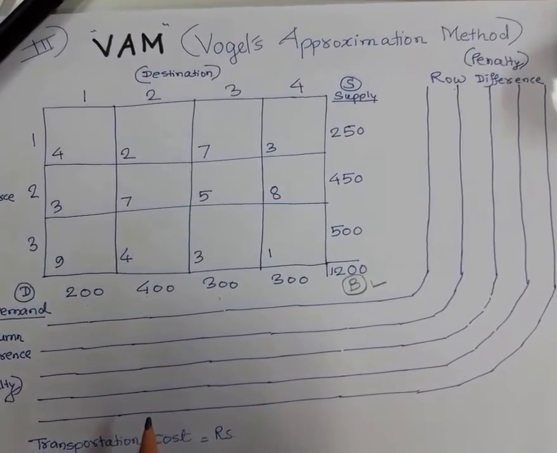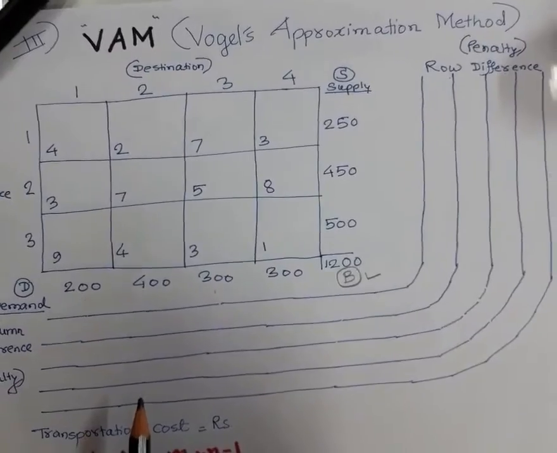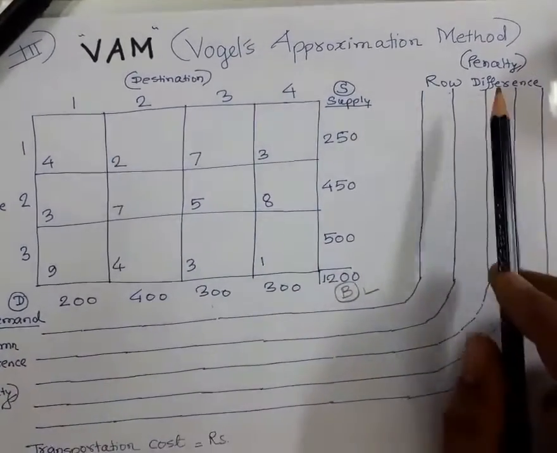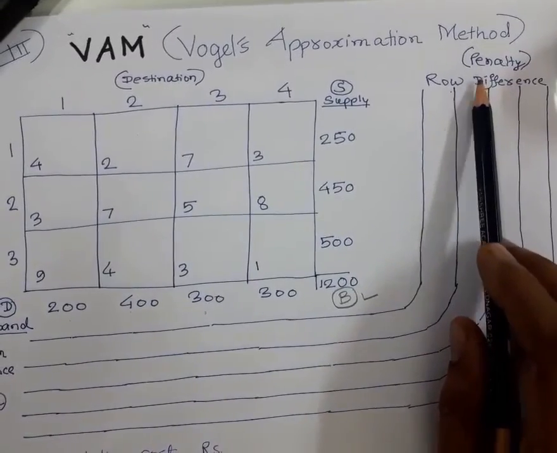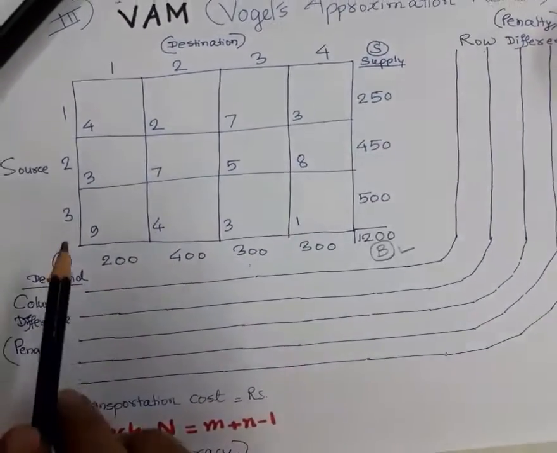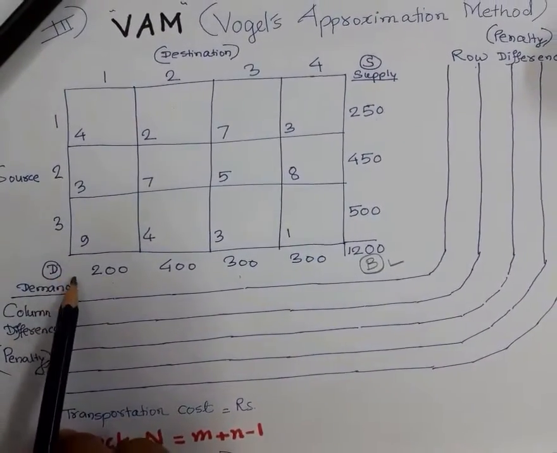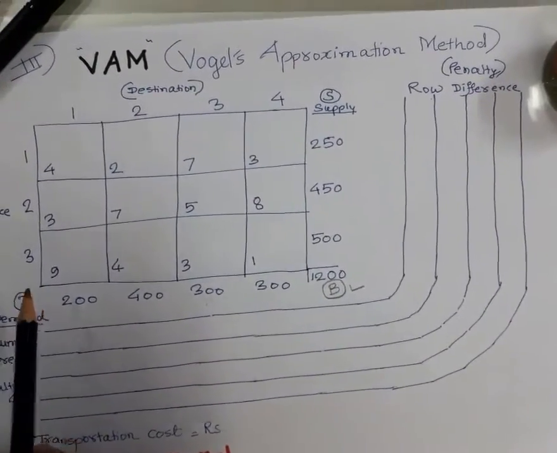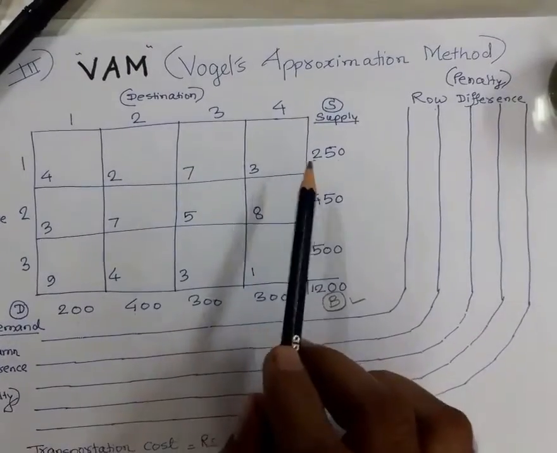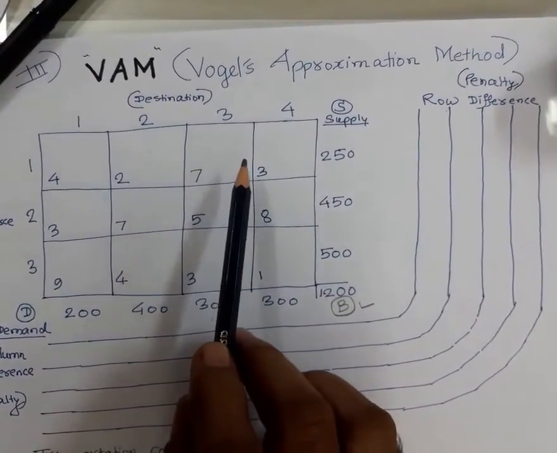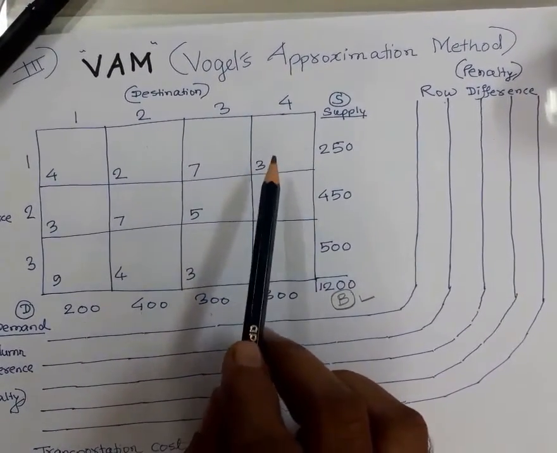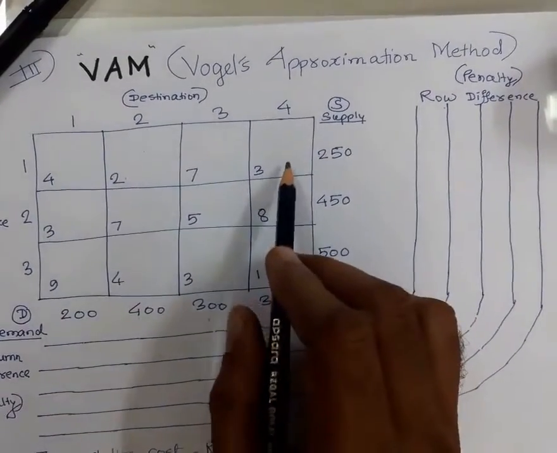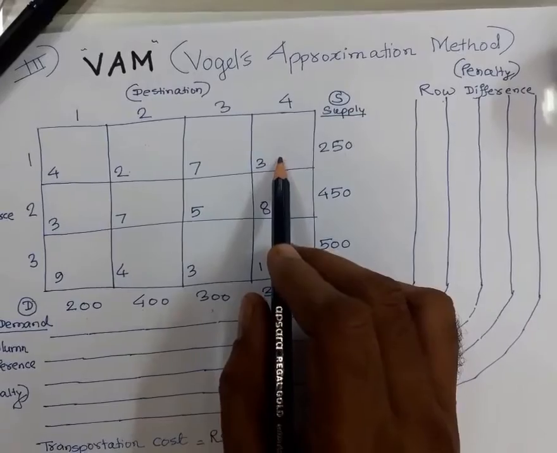Now in case of VAM method, first of all we have to find the row difference. That means this is known as row penalty, and the column difference, also known as column penalty. Now starting with the first row, see the smallest number. Smallest number here is 2, and the next number to the smallest number is 3.